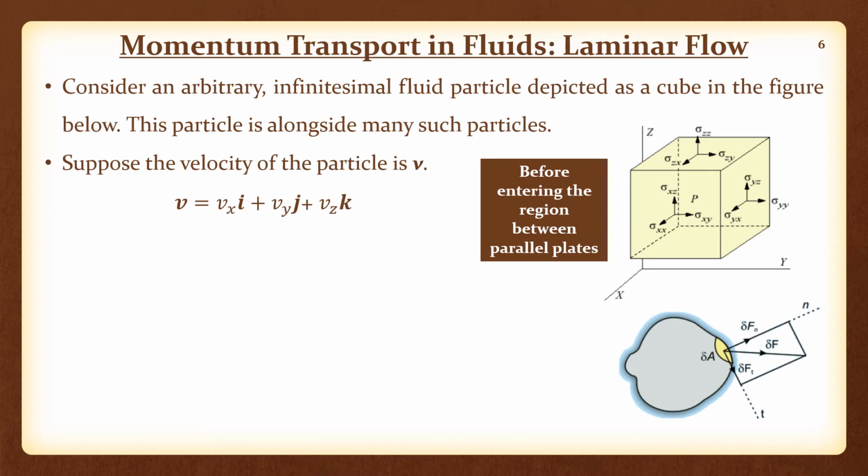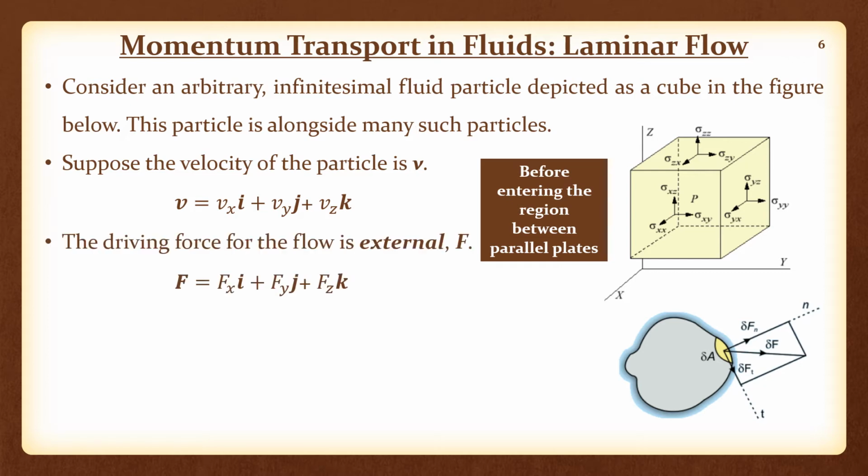Now let us consider this particle. The velocity of the particle, let us assume, is v, and it could in principle have three components, because velocity is a vector. There is a magnitude for this velocity, which we call speed, and then there is a direction. So there is a vx, a vy, and a vz. The driving force for this flow is external.